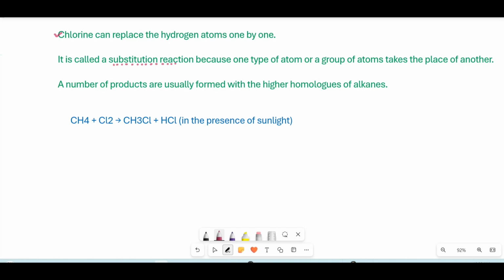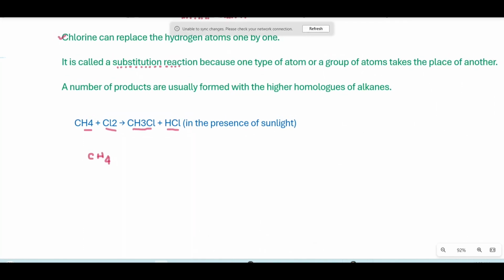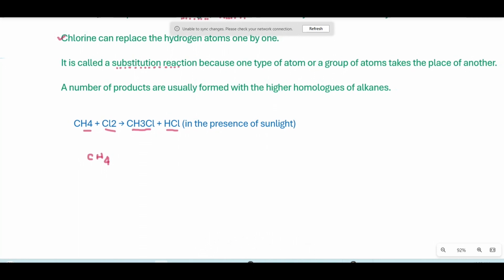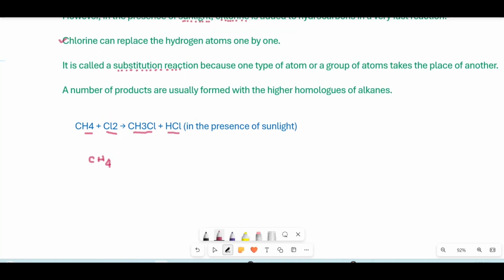There are four hydrogen atoms here, CH4, and two chlorine atoms. So one hydrogen will be replaced with one chlorine, so the product is CH3Cl. And the second hydrogen will react with the chlorine to form HCl. So this is the reaction: CH4 plus Cl2.